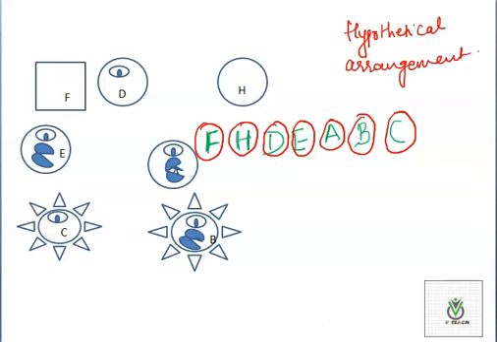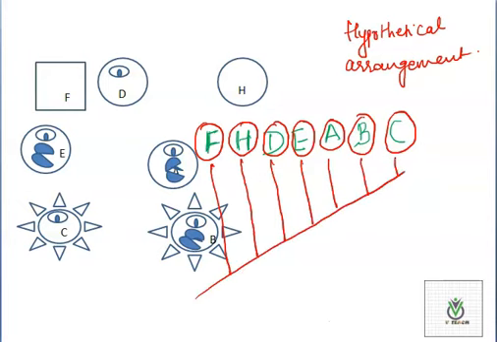Now, they are related like this. And this line represents time. So these organisms are the oldest ones and these organisms are the newest ones.